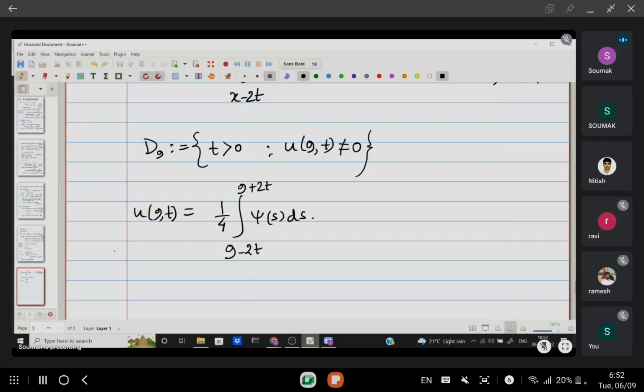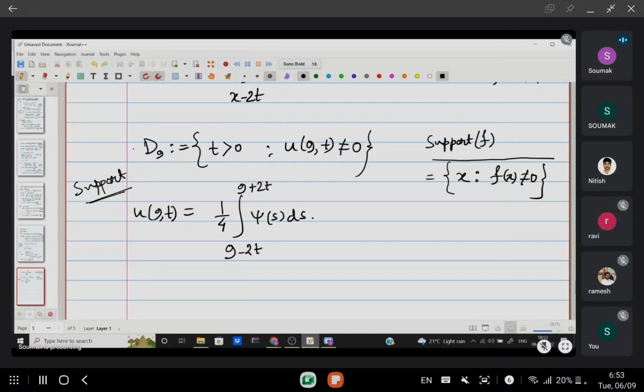Do you know what the support of a function is? Support of a function, anyone know? I will tell you. Support of f means those x such that f(x) is non-zero, and the closure of that set.